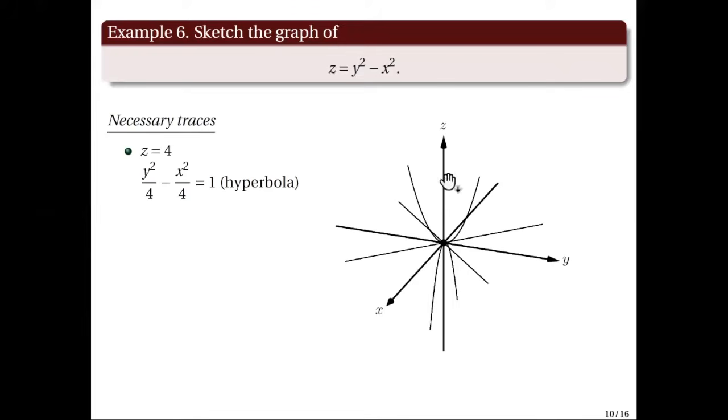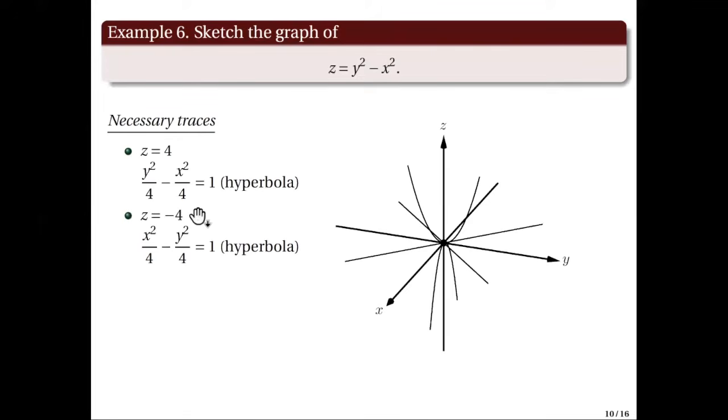And observe that on this plane, the vertices of this hyperbola will be on y equal to 2 and y equal to negative 2. So from this point, we measure 2 units along y, that is exactly this point, and 2 units along negative y, that is this point. And the branches of that hyperbola on the plane z equal to 4 will open towards the positive y and towards the negative y.